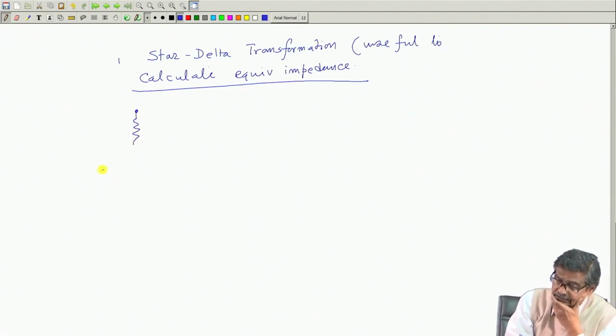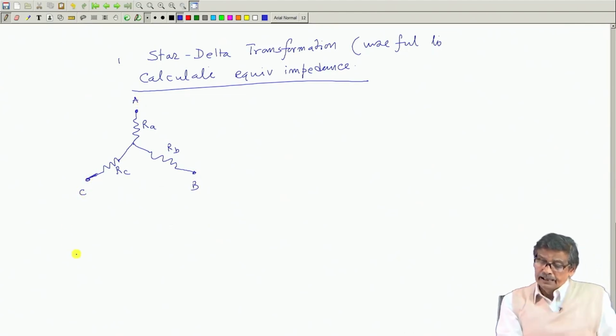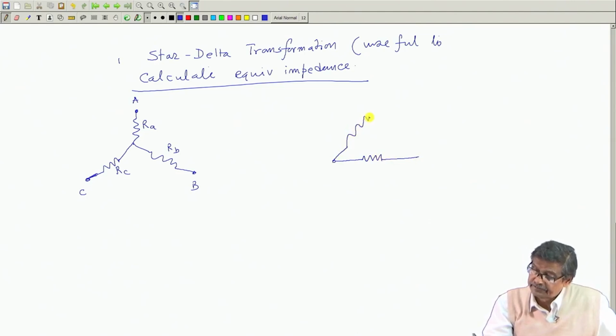Say R A, R B and R C, and these 3 points are A, B and C. With respect to these 3 points, A, B, C points are fixed.